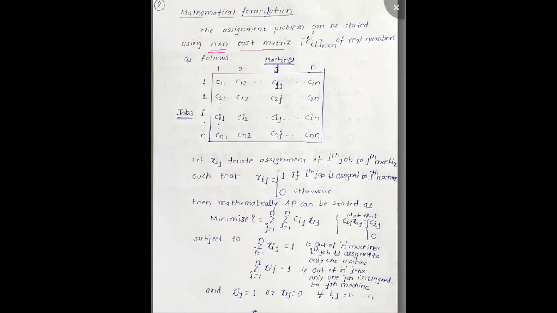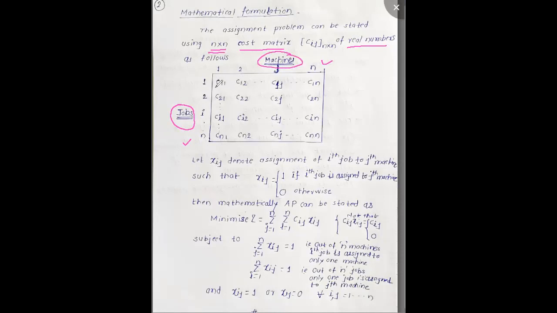The ith row, jth column element is Cij, and the order is n cross n. This is an n cross n matrix of real numbers as follows. On the left hand side, 1, 2, 3, 4 up to n, these are the n jobs. On the top, 1, 2, 3, 4, 5 up to n, these are the n machines.